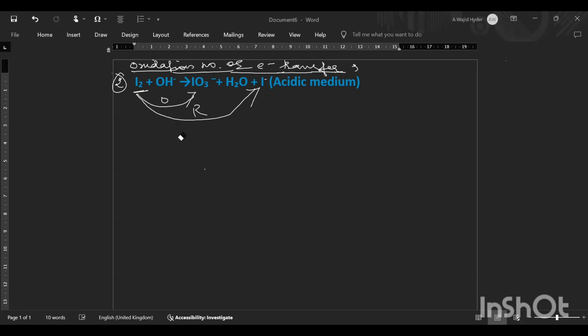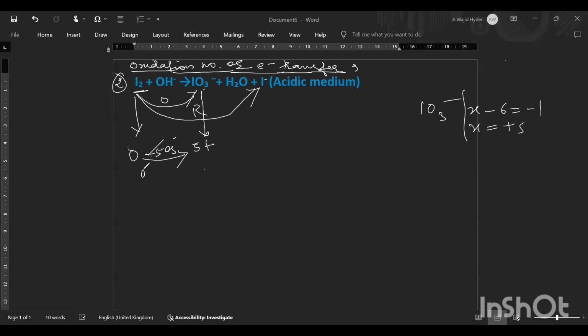Now see, we will check what oxidation state the iodine on the left-hand side is having: 0. This 0 is changing to IO3 minus here. X minus 6 is equal to -1. So X will be +5. So on the right-hand side, in IO3 minus, iodine is showing 5 plus oxidation state, and that is loss of 5 electrons.